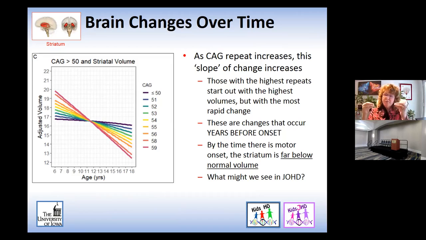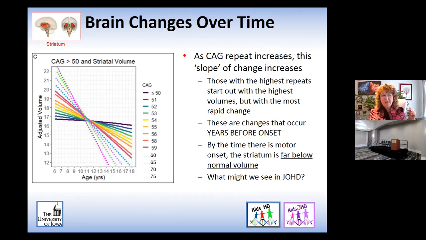The higher the repeat, the bigger the striatum is when you're very young, and the steeper the fall. So that's what we think is going on with JoHD, is that the striatum starts out really big very early in life. And the bigger it is, the faster it gets smaller. And once again, once you reach that threshold of too small is when you get motor symptoms.